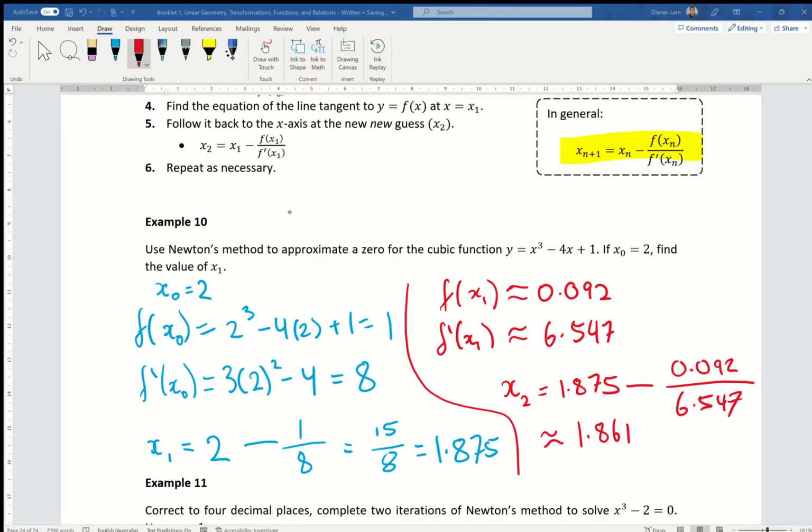And we can keep going. In fact, to streamline this process, what we can do is just put in x. Actually, let's just put in x minus, and I'm going to put brackets to make it easier, f of x over diff f of x, and then I'm going to give it a value.